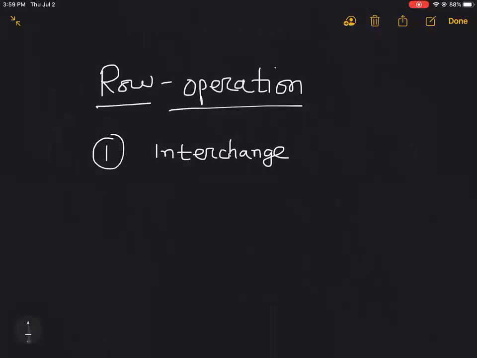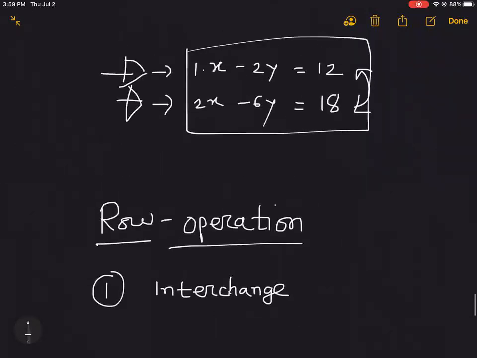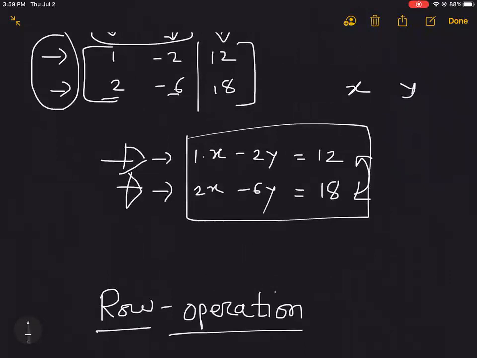Then we can replace a row by a non-zero multiple of that row. You'll soon see what that means. And we can also replace a row by the sum of that row and a constant non-zero multiple of some other row. So that means you can multiply one row by a constant, and again it will keep the value intact.